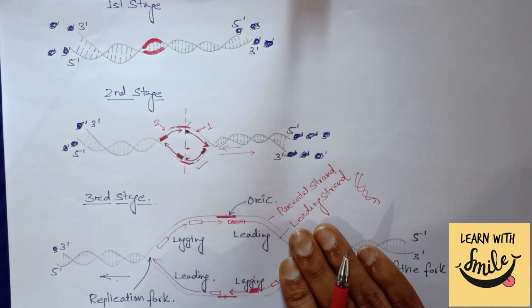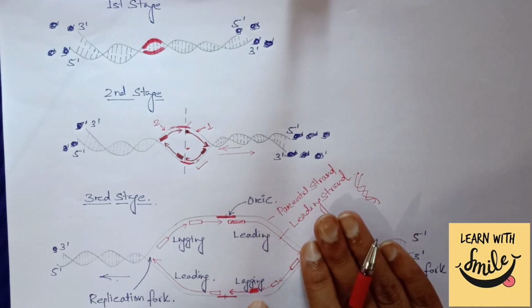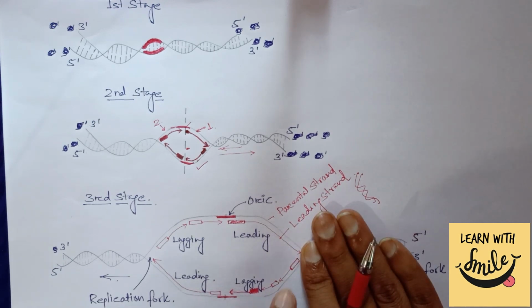And again, after some more time, the replication fork opened much more, and because of which there was a requirement of another primer from the 5' to 3' direction, so that the primer could provide the 3' OH, so that it could help the activity of the DNA polymerase to produce this newly synthesized DNA.